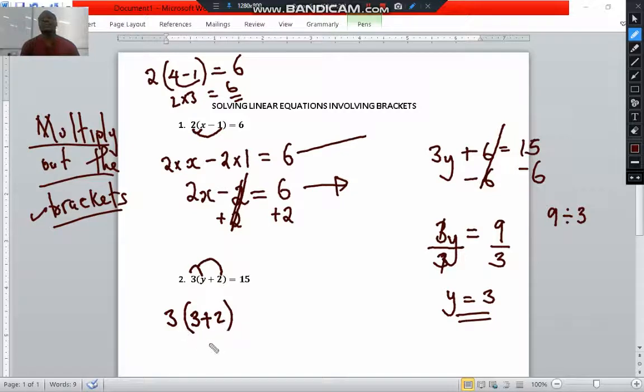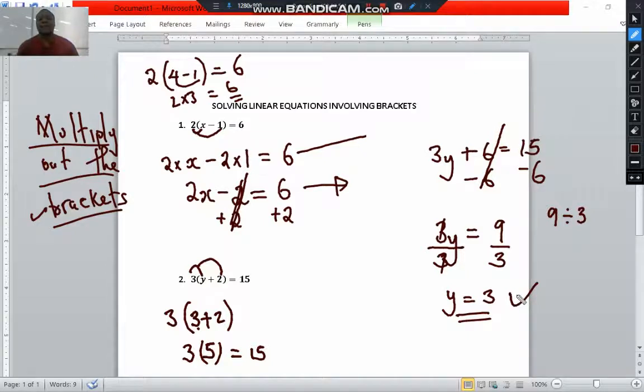Let's see if this is going to give us 15. You can see that I've got 3 plus 2 gives us 5, then brackets with a 3 there. And you know that brackets imply multiplication. If we do 3 times 5, we get 15. So it means this answer is very much correct.